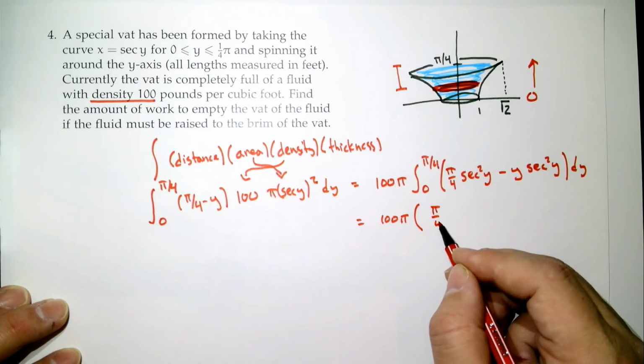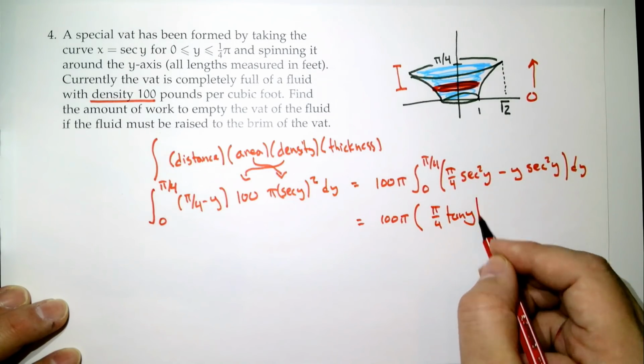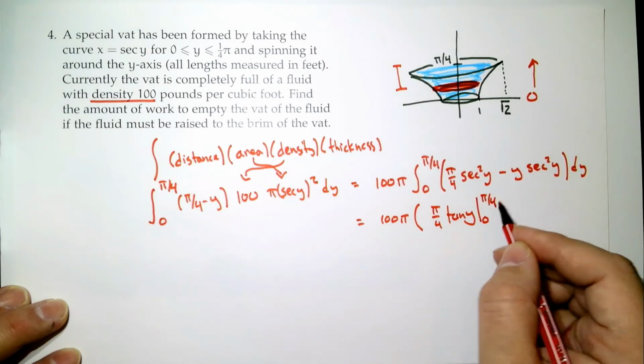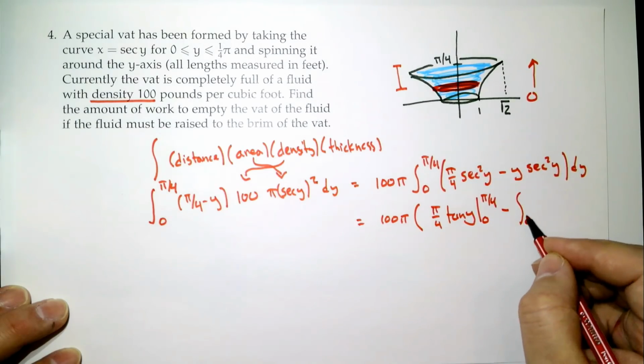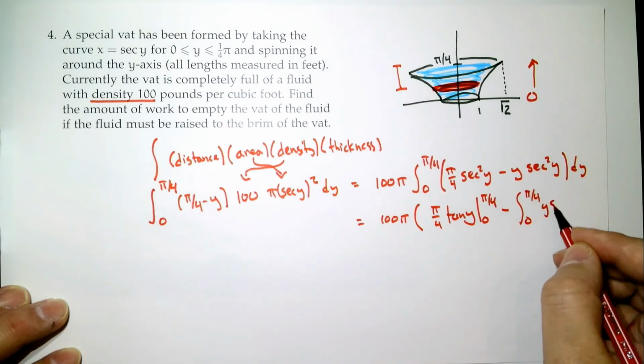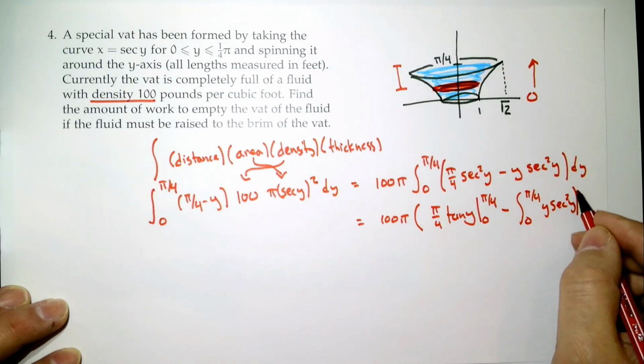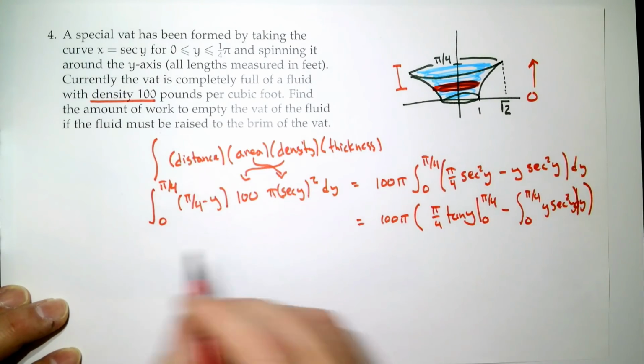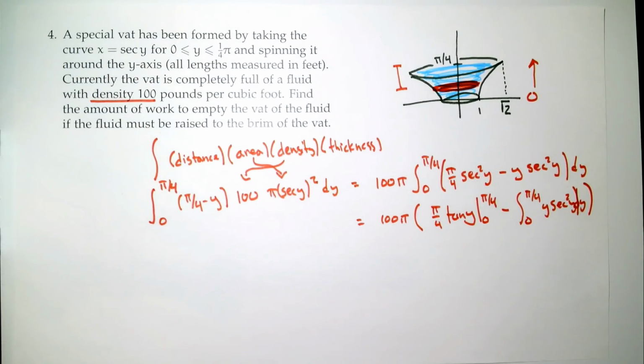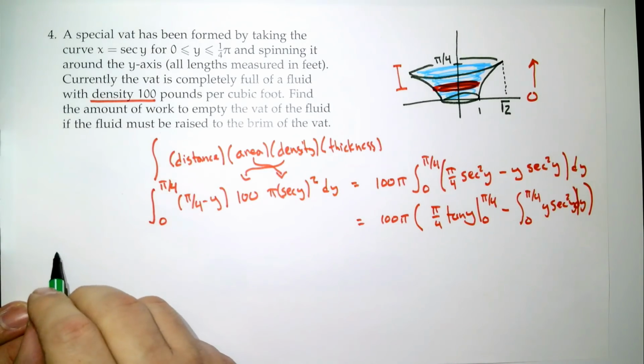So pi over 4 tangent of y from 0 to pi over 4 minus the integral from 0 to pi over 4 of y secant squared y dy. Okay, so I'm going to do a little side note and figure out what is the integral of y secant squared y. I think we've done it before, but I find it's hard to remember hundreds of formulas. It's easier to remember a half a dozen processes. So then when I need it, I'll just rederive it on the fly.